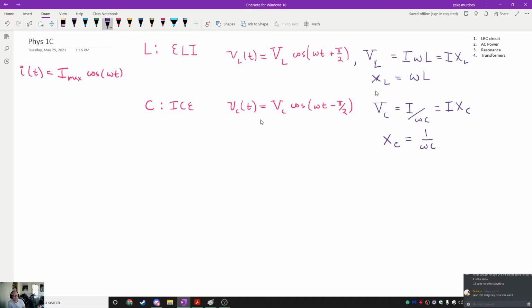So these are all the things that we learned about last time: these equations and these new quantities that we developed.